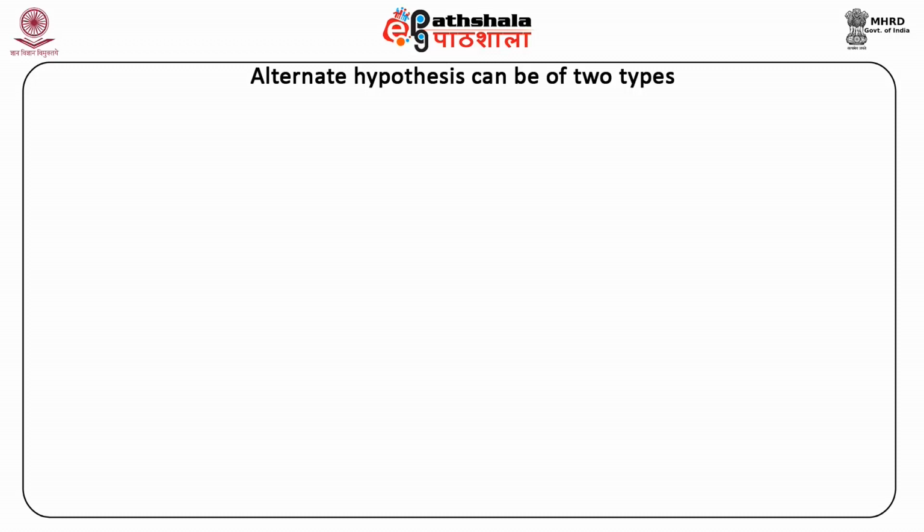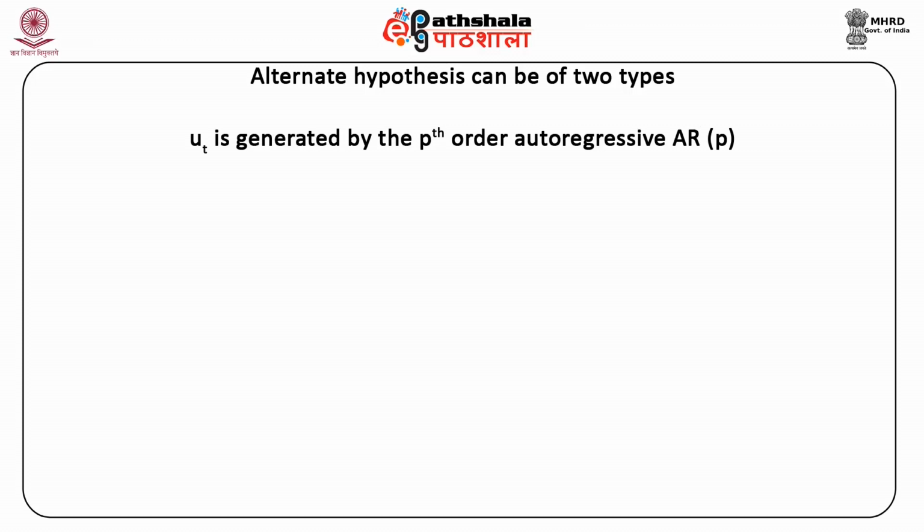One, in which u_t is generated by the pth order autoregressive, that is AR(p) scheme, as follows.